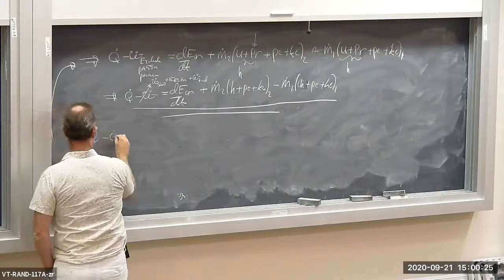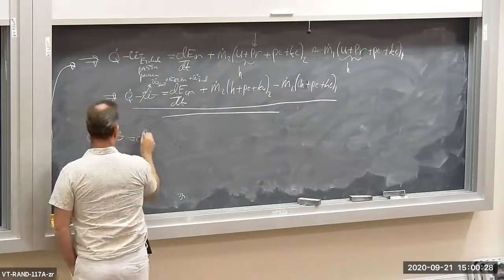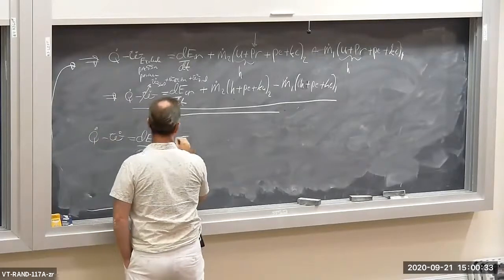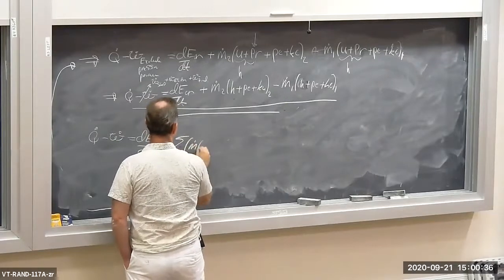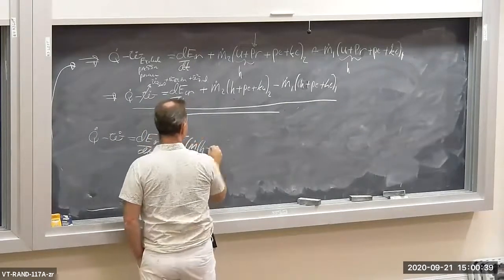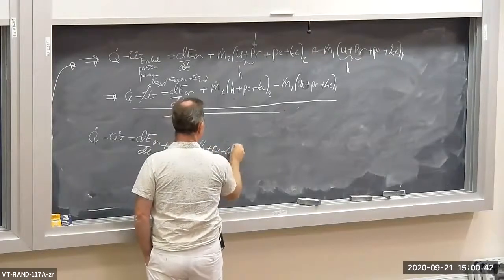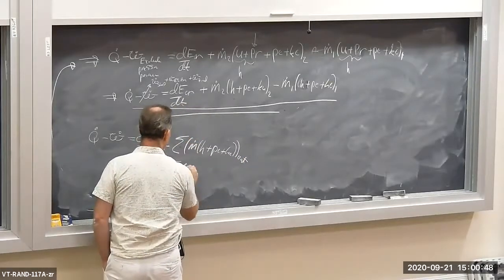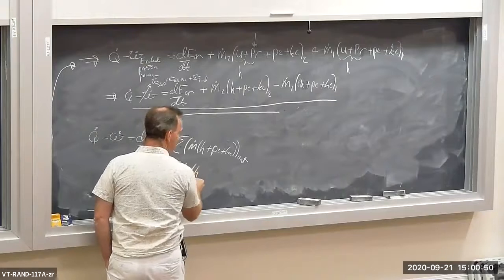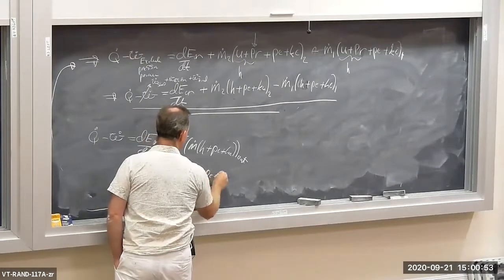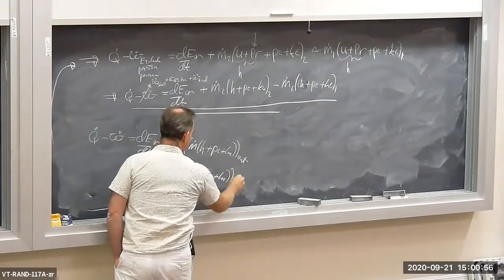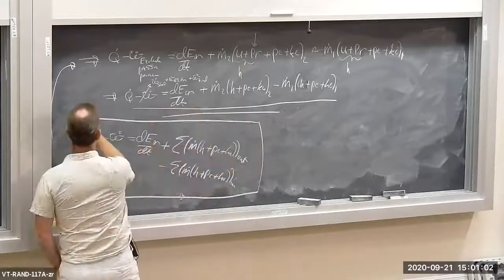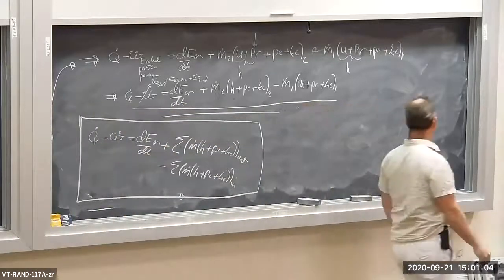Q dot minus W dot is equal to the time rate of change of energy within our control volume plus sum of m dot H, not U, plus PE, KE, summed over all outlets, minus the same thing: m dot H, not U, plus specific potential and kinetic, summed over all inlets. This is the open system energy balance, including pressure work or pressure power.